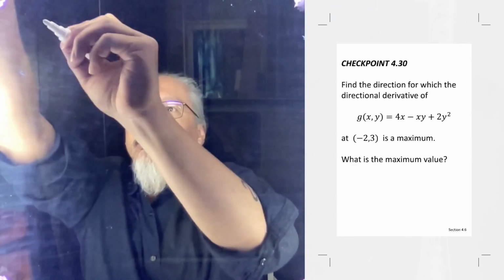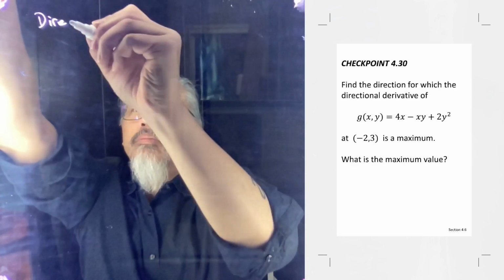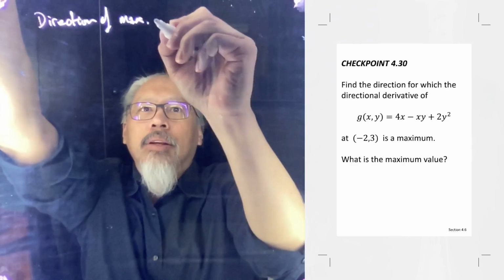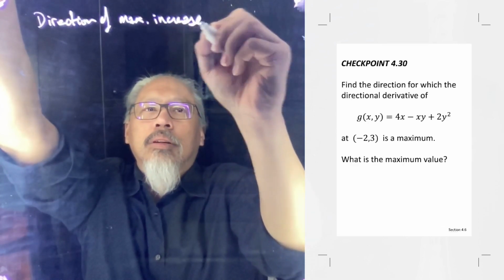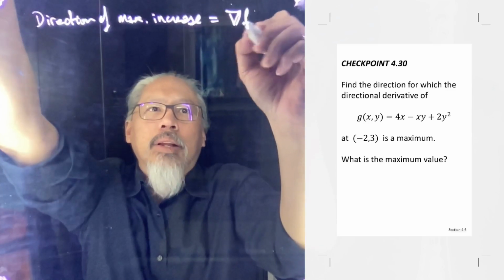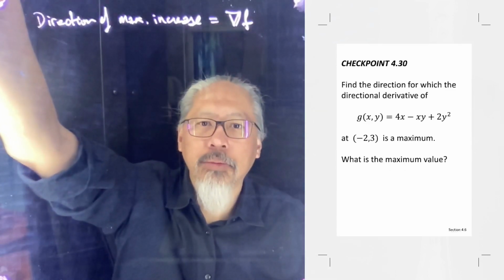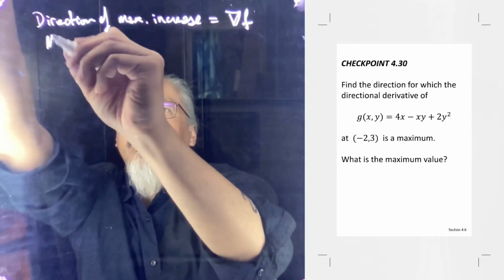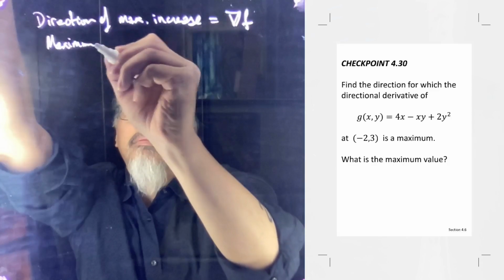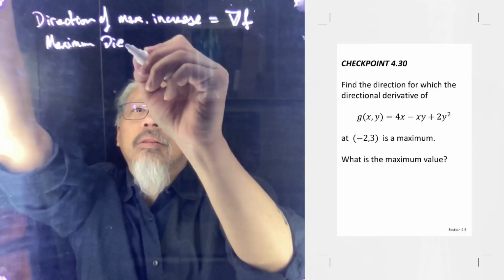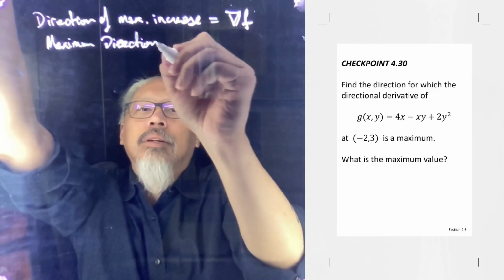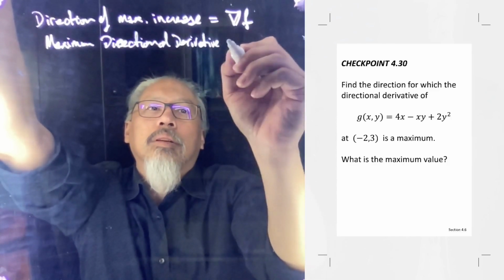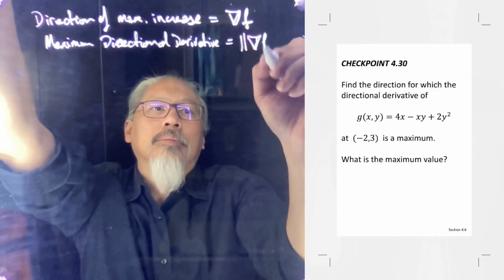So it turns out that the direction of maximum increase is actually the gradient, and so that's going to be a vector for us that we're going to find, but the actual maximum directional derivative is the magnitude of the gradient.